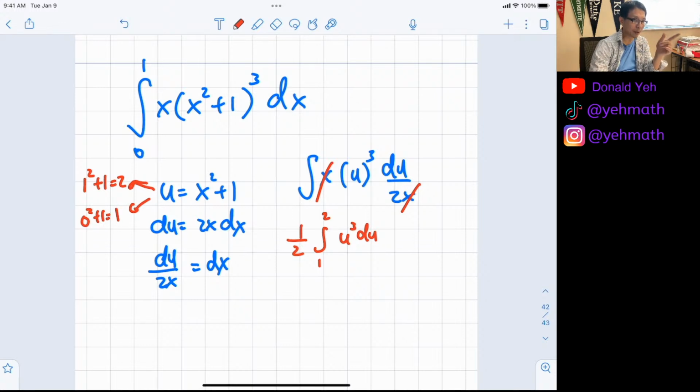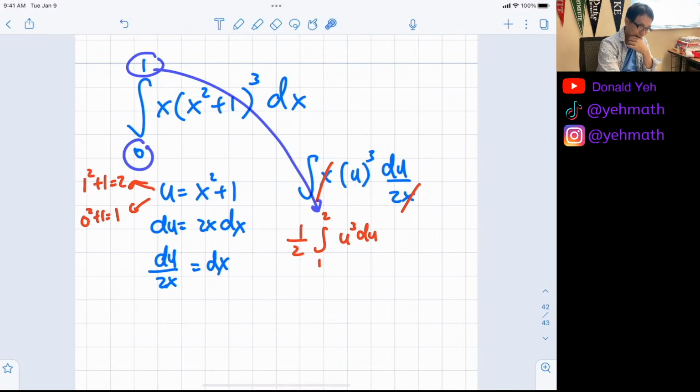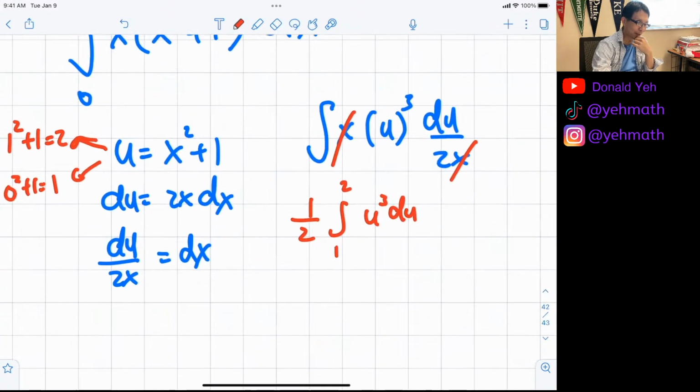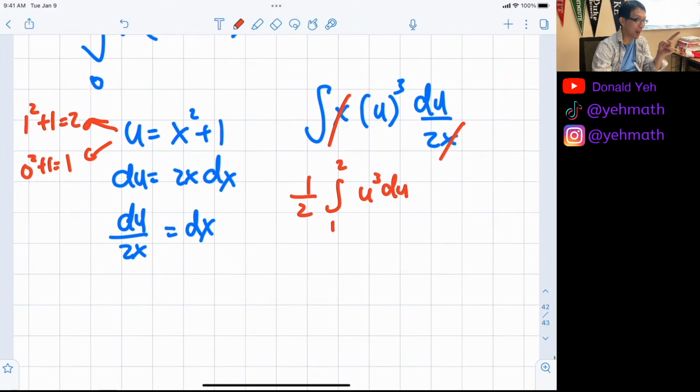So the boundary both switched. I switched the boundary from 1 to 2, from 0 to 1, because this is an x value, and I can plug it into here to evaluate for the u value. Now, if you're doing it in u value, you don't need to convert back to x.